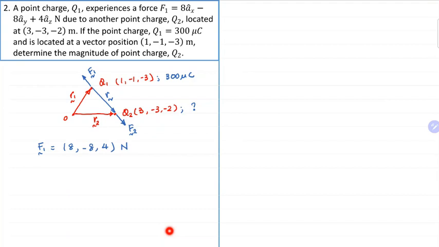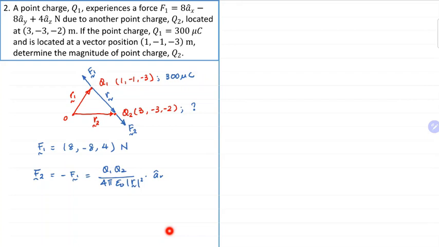So we can go ahead and write down our Coulomb's law. F2 is equal to minus F1 is equal to Q1 Q2 over 4 pi epsilon naught magnitude R squared times our unit vector R. So this leads us back to working out the vector R and the unit vector R.